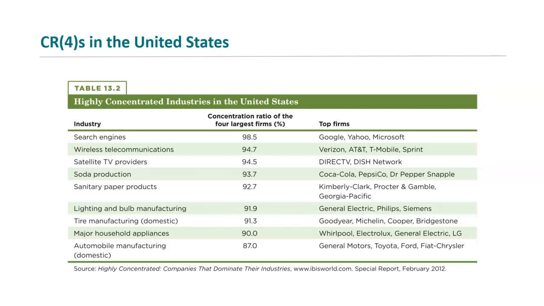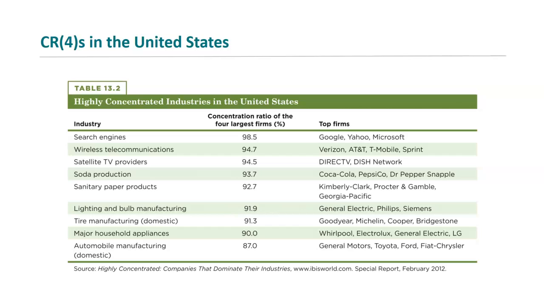Search engines: Google, Yahoo, and Microsoft, which is Bing, control 98.5% of that market. Right? There are some other tiny search engines that you may have heard of out there, but they have almost no concentration in this market, particularly compared to the three top search engines.